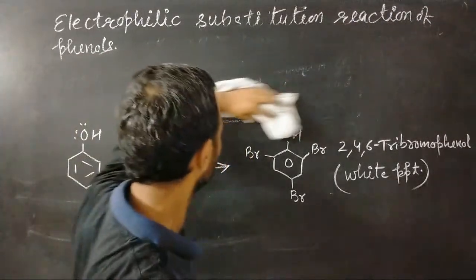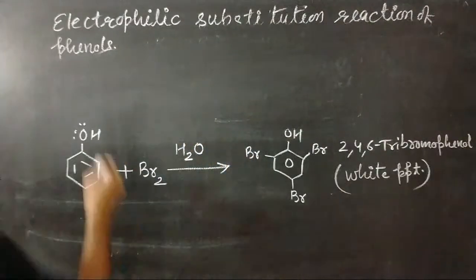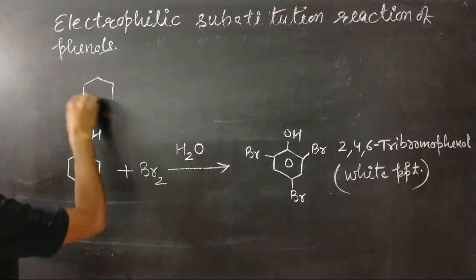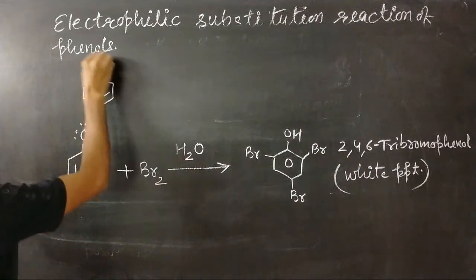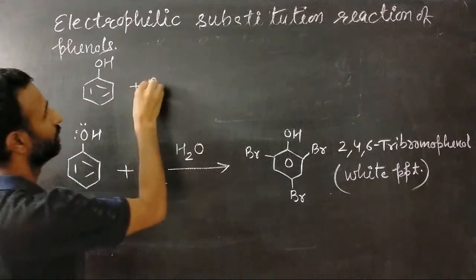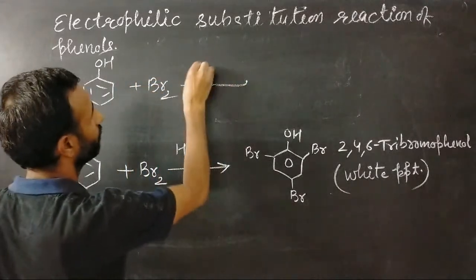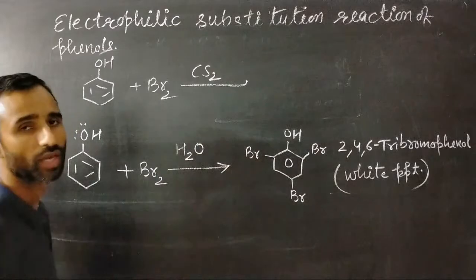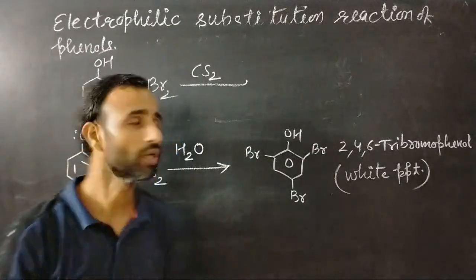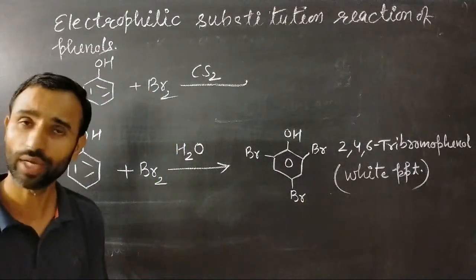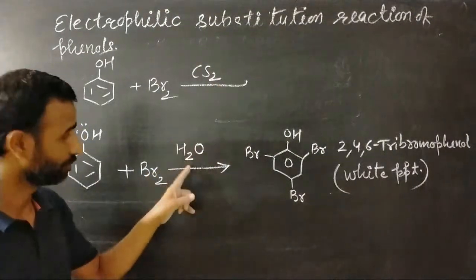But to stop it up to the monohalogenation stage, what we do is use phenol in a non-polar medium like CCl4 or CS2.